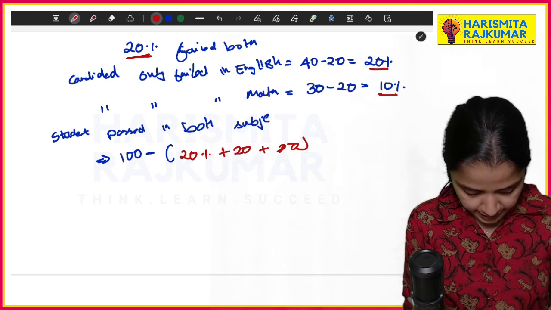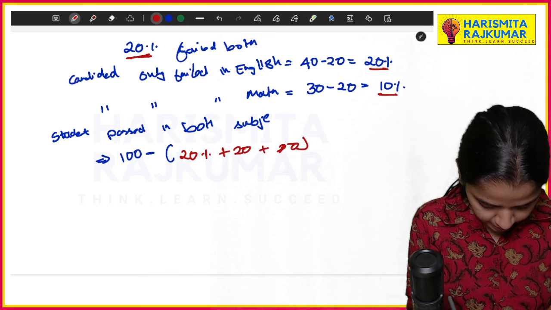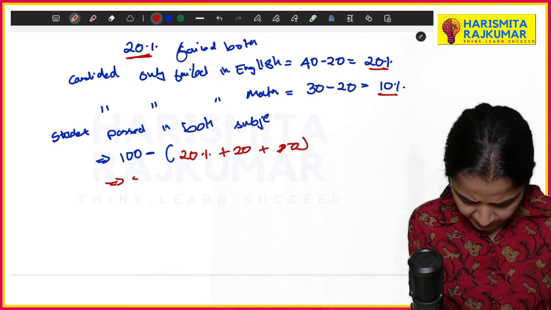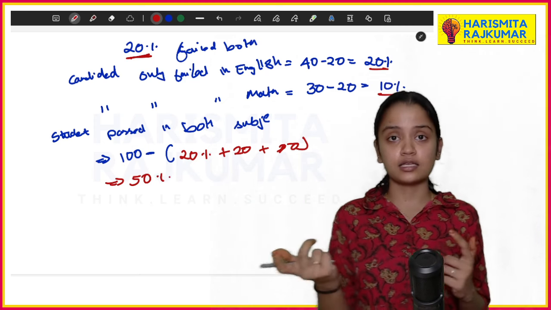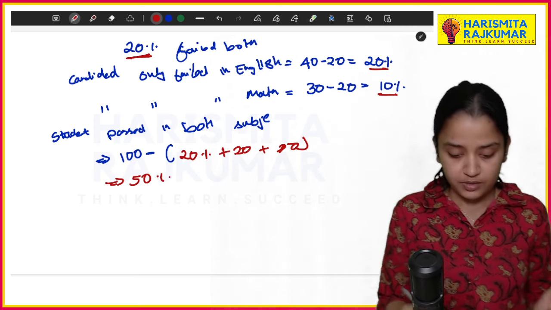So you will be getting that as 50 percentage. So 50 percentage of the students passed in both the subjects, right?